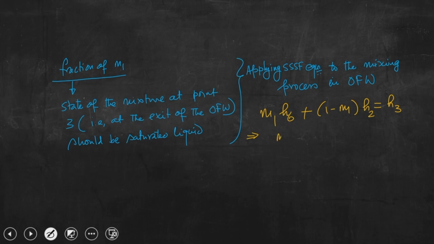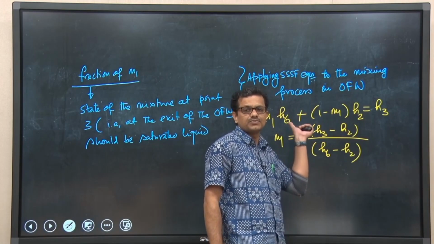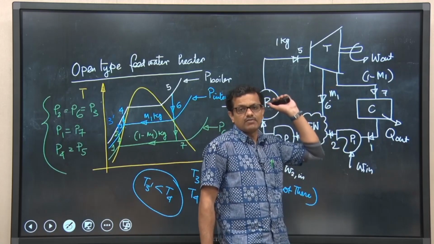M1 will be equal to H3 minus H2 divided by H6 minus H2. If we can calculate enthalpy at the different state points, then we can calculate the fraction of steam to be extracted from the turbine.